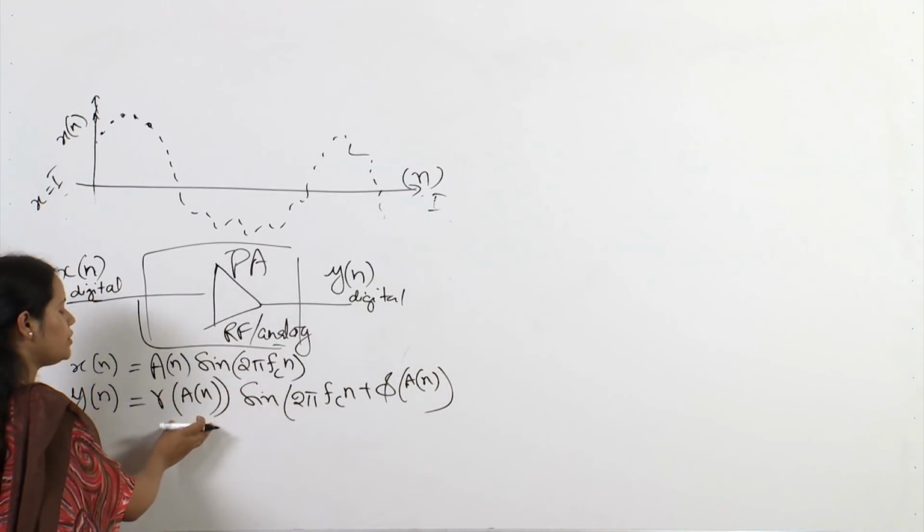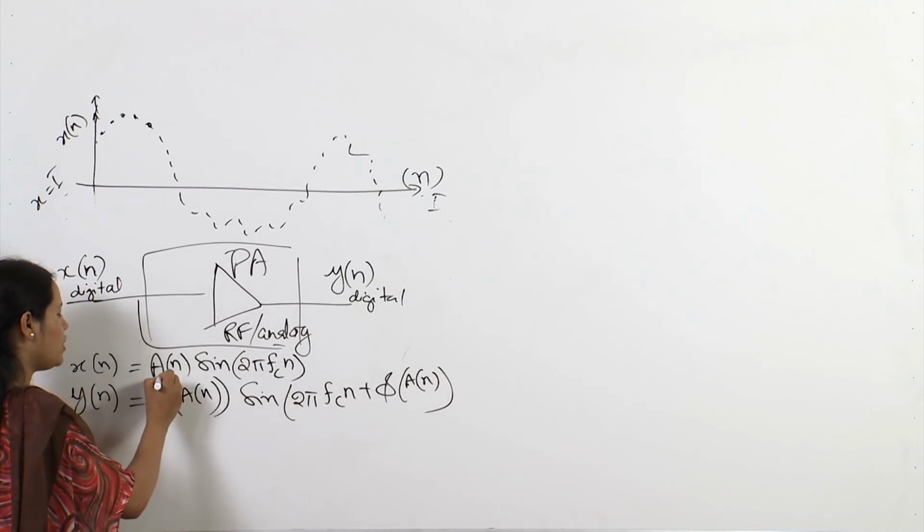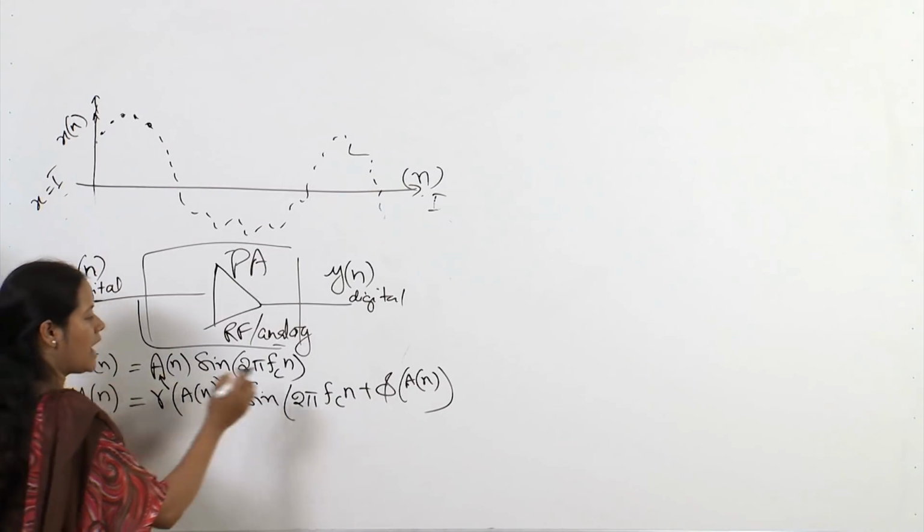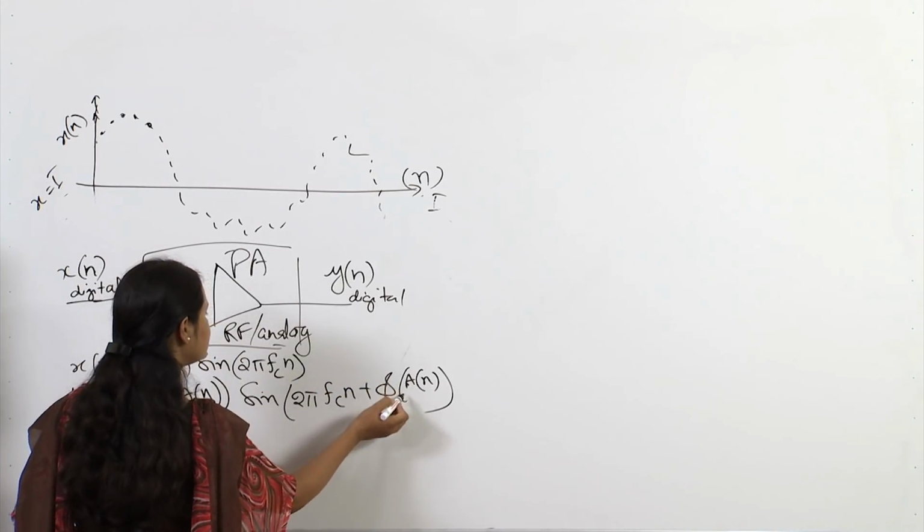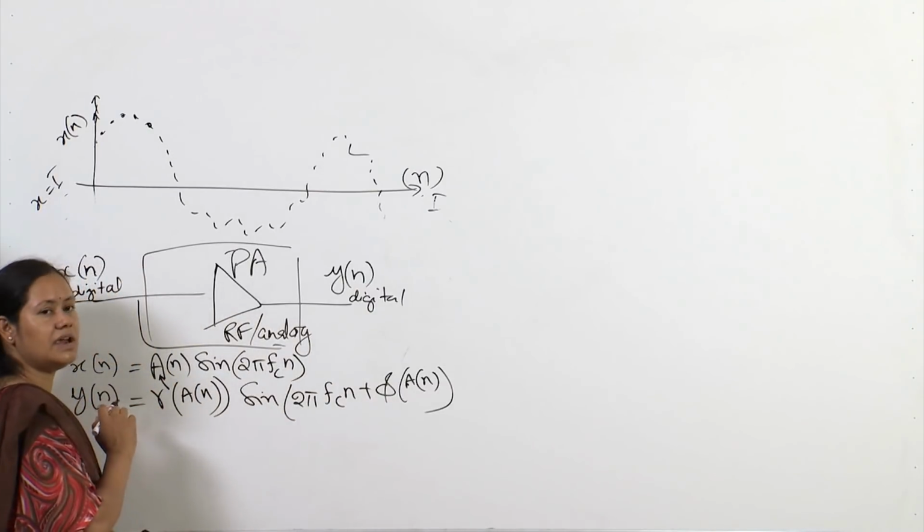It has an amplitude which is a function of the amplitude of the input signal, and it has a phase which is also a function of the amplitude of the input signal.